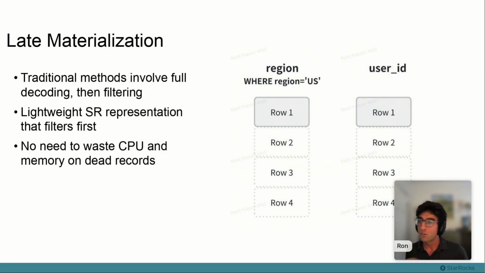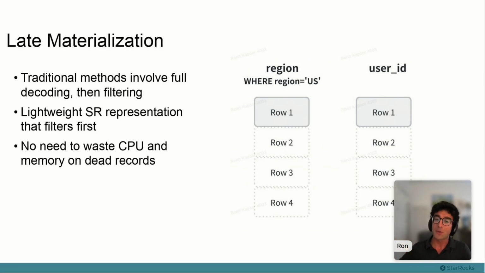So with late materialization in 4.0, we've now been able to use a lightweight StarRocks representation that applies filters first. So for example, here on the right-hand side, in the region equals US scenario, StarRocks could read the region field, filter it, and then record the row number in this lightweight StarRocks representation.